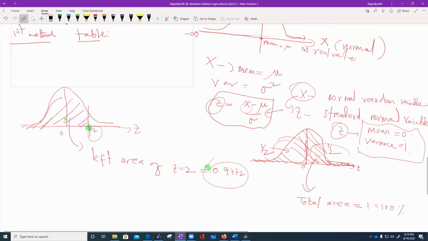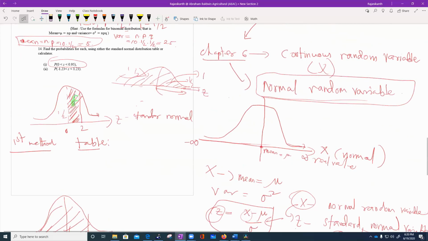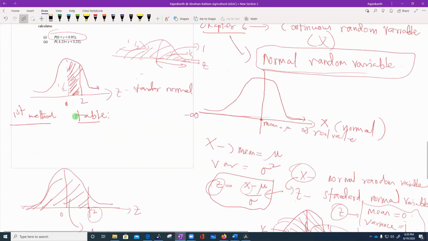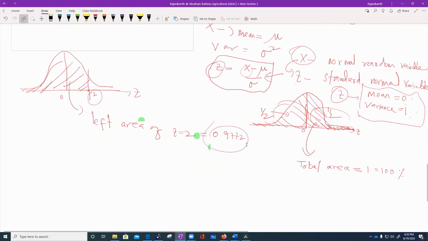That means from this point 2 all the way to that side, the full left side area to 2 is 0.9772. But if you subtract this half piece, the left side area, you will get the remaining piece I colored. That makes sense? That means if you subtract half from this value, you will get that value.